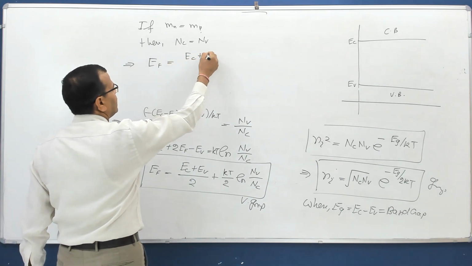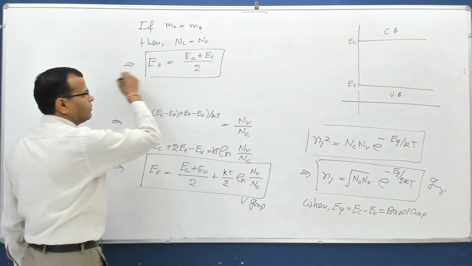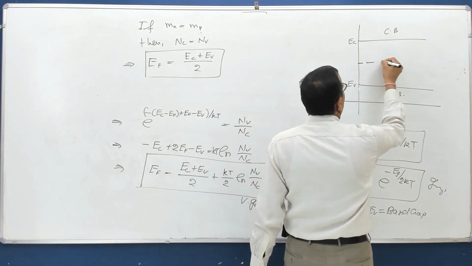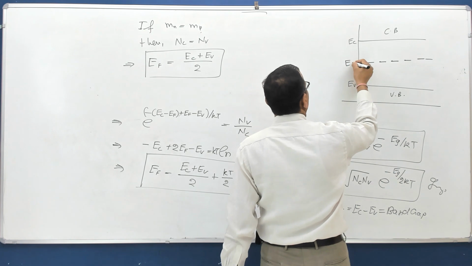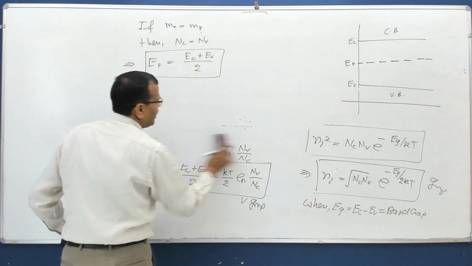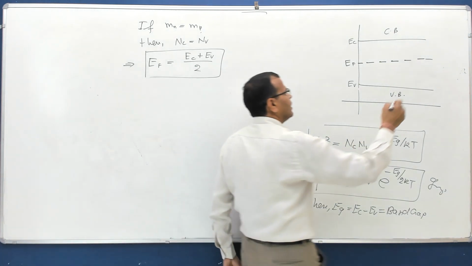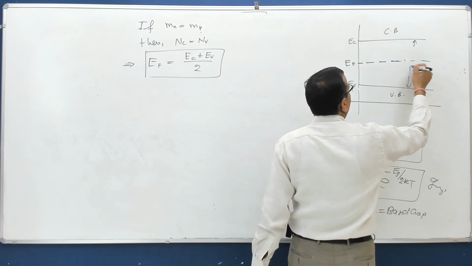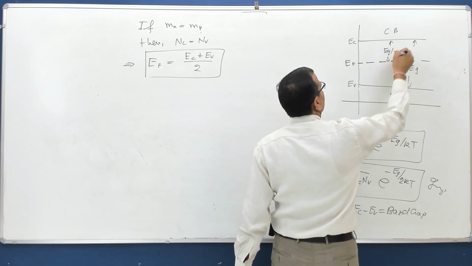Ec plus Ev divided by 2. So the Fermi level will be at the center of the energy gap, and Ec plus Ev by 2 means what? If you see this, from here to here it is band gap, from here to here it is half of the band gap.